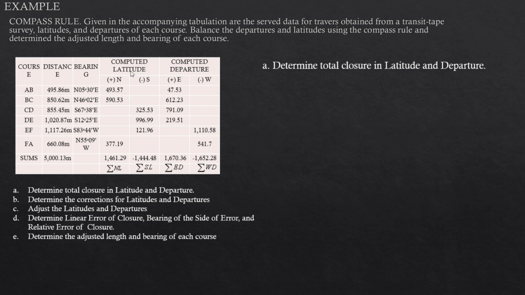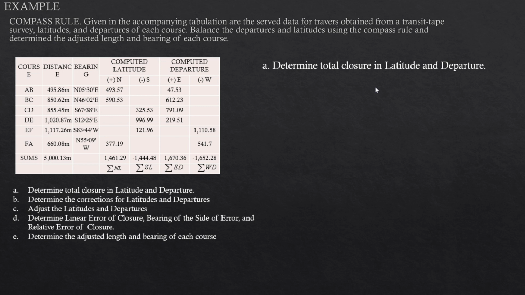After na makuha yung latitude and departure, kunin nyo yung summation ng NL, summation ng SL, summation ng ED, and summation ng WD. East departure, west departure, south latitude, north latitude, para makuha natin yung total closure in latitude and departure, CL and CD. Okay.